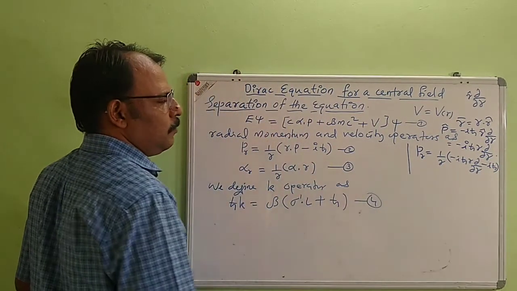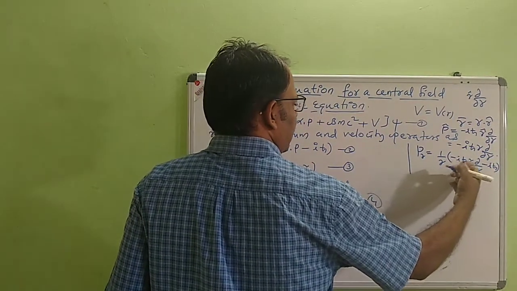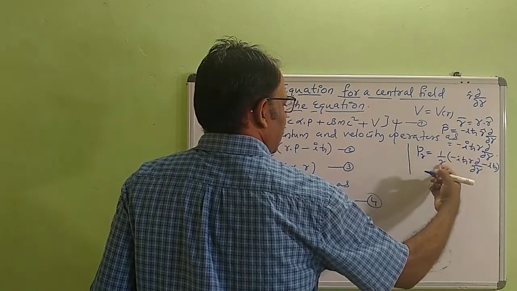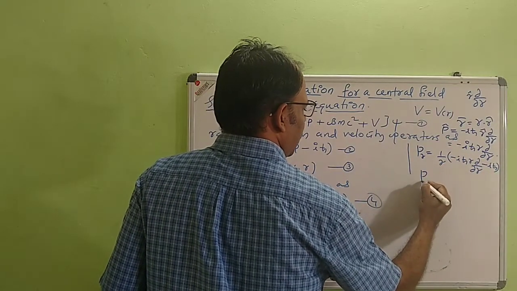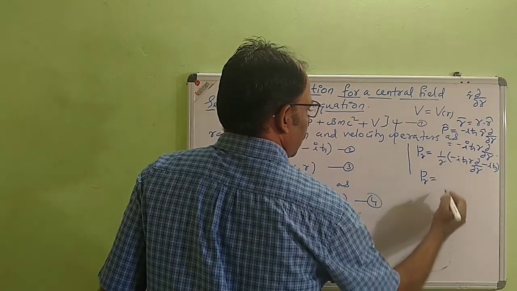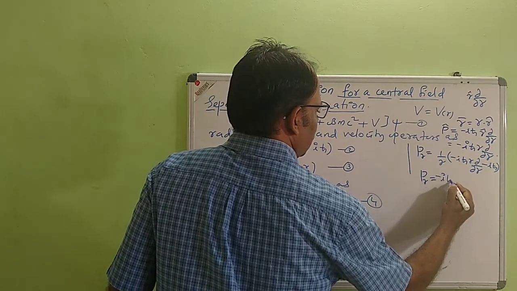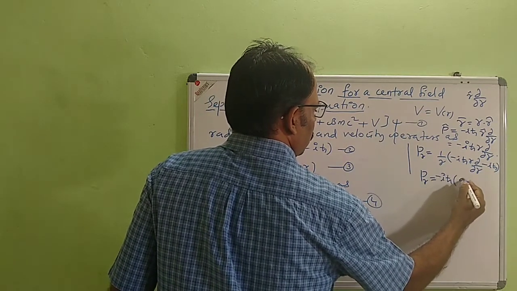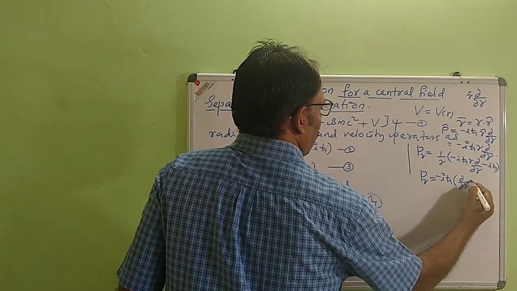So r dot P we get as minus i h bar r dou by dou r.